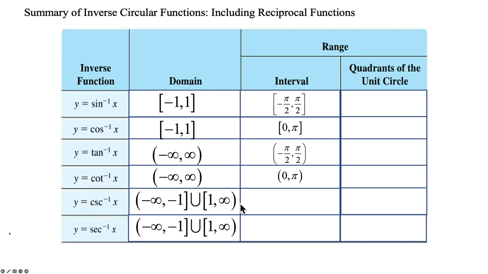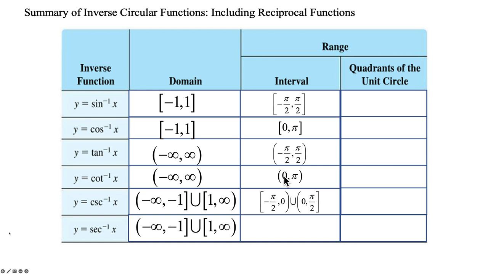Inverse cosecant, bracket -pi/2 to bracket pi over 2, but we had that asymptote line cutting it right down the middle at 0. Okay, look, starts at negative pi over 2, ends at pi over 2. Start, end, start, end. Secant, which is the reciprocal of cosine, start at 0, end at pi.